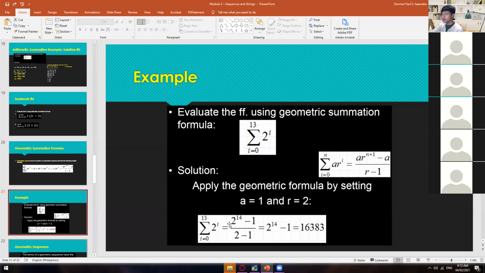So 1 times 2 raised to 14 minus 1, divided by 2 minus 1. Simplify this a little bit more, then you will get 2 raised to 14 minus 1. Then just solve this using your calculator, and you will get 16,383. That's the geometric sum from 0 to 13 having this formula.